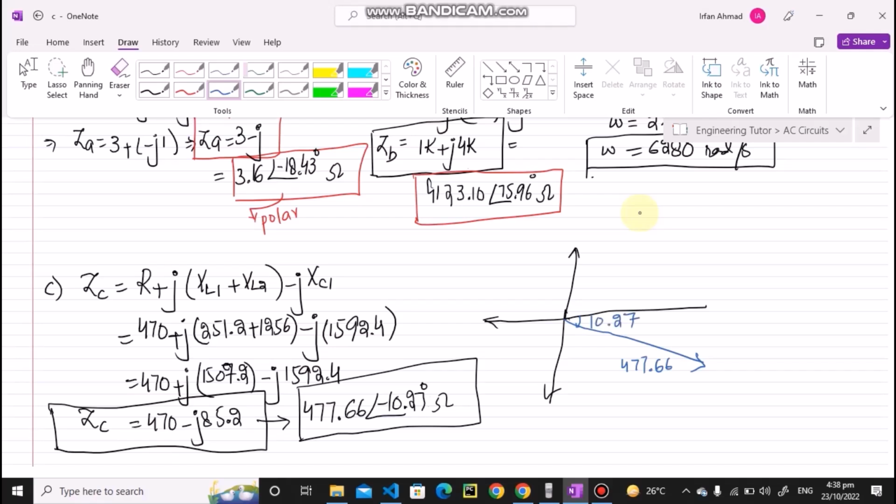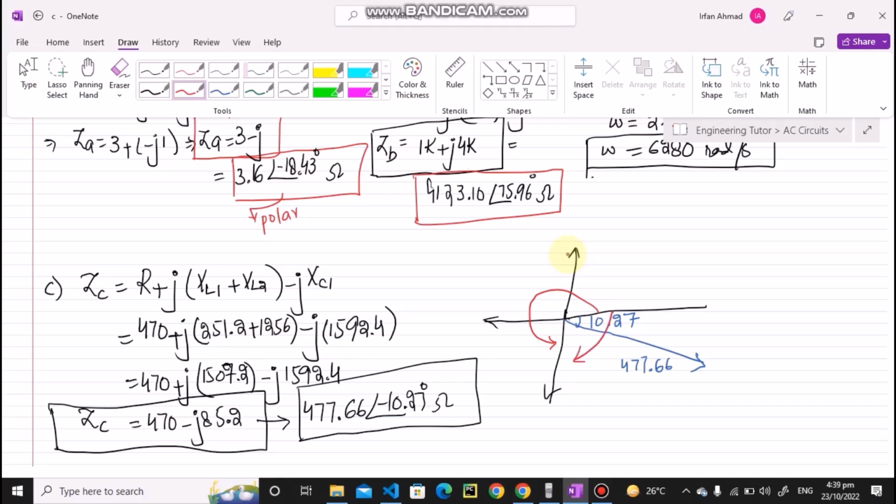So why is this negative angle in the fourth quadrant? Because whenever we have a positive angle, all the terms will be here and the rotation will be counterclockwise. Similarly, if you have any negative angle, we basically go clockwise from here.